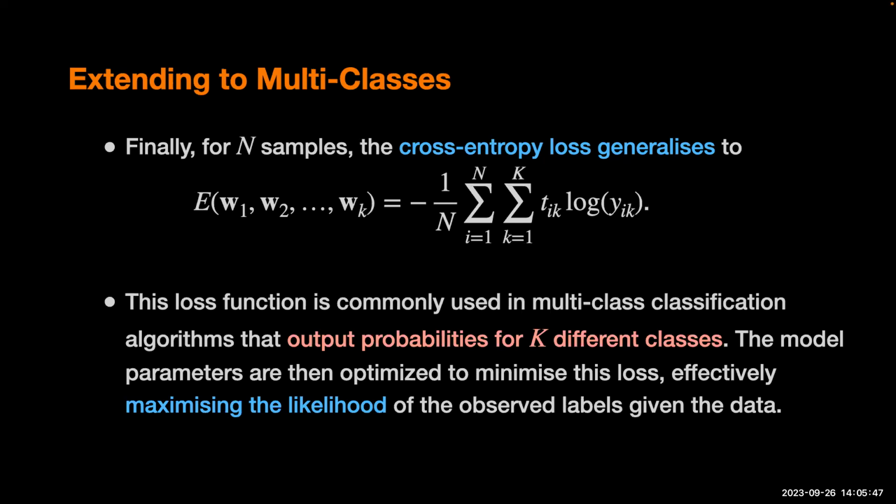What should I declare the class of this object? The simplest thing you could do is to take the maximum value. So if the maximum k is the first class, I will define this object to belong to class 1.